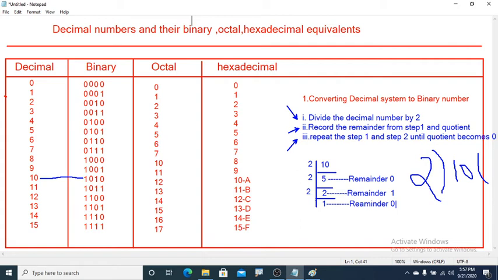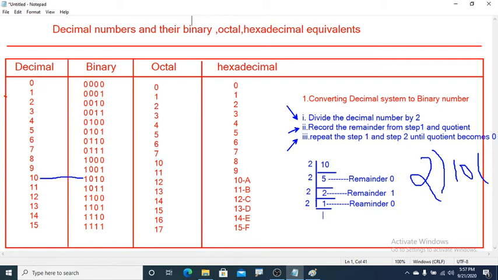So the quotient becomes 0 now. How does the quotient become 0? If I divide with this 2, what happens? The quotient becomes 0.